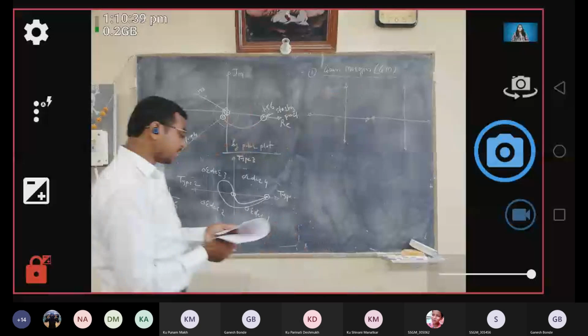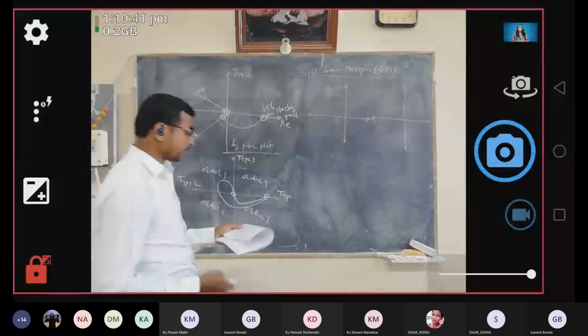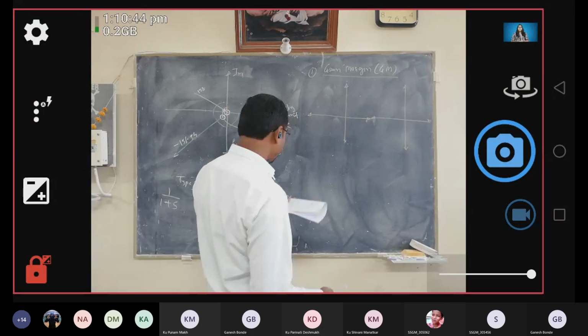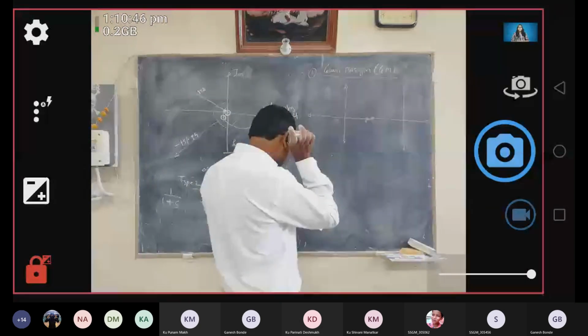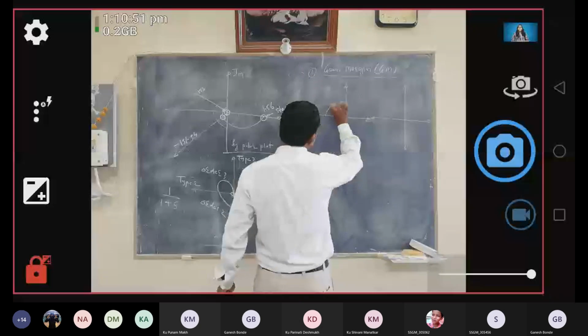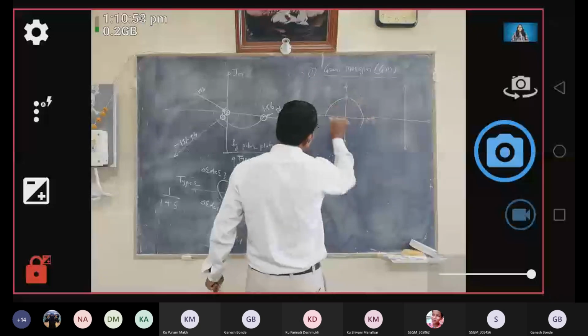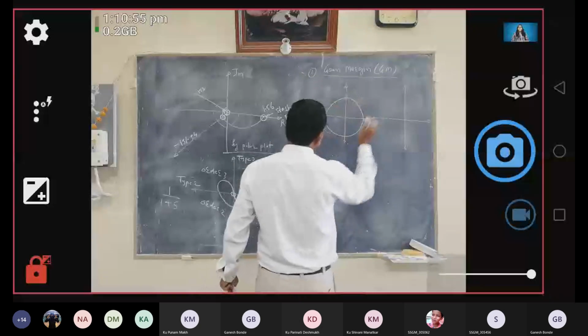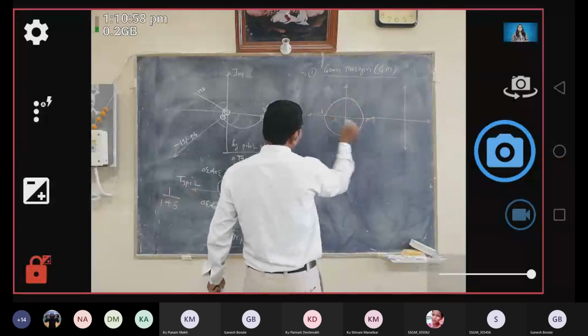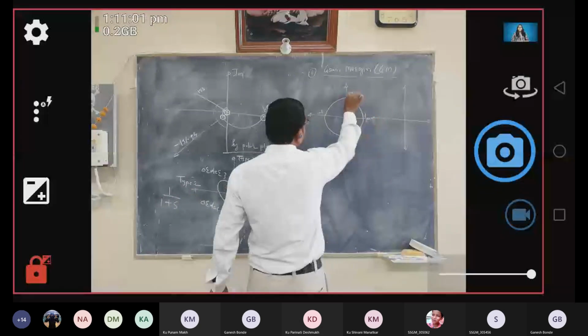These two figures are very, very important to understand the concept of gain margin and phase margin from the polar plot. So draw the unit circle. So this magnitude is -1. Here is +1.